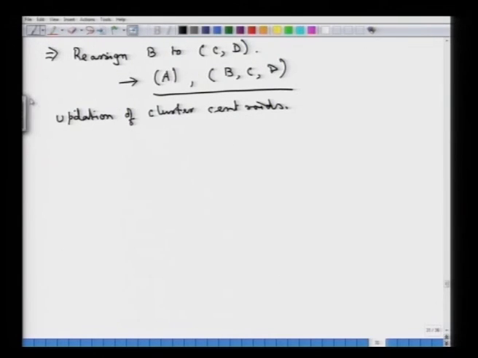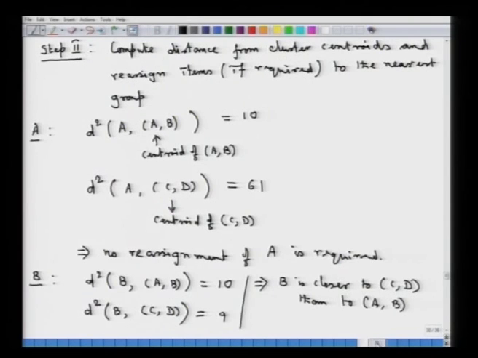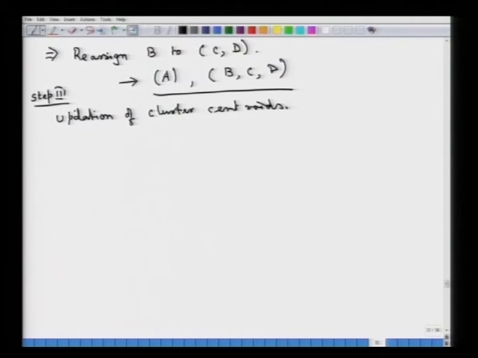So, this is going to be step 3 of this implementation, updation of the cluster centroids. Now, what are the clusters now in the data? As we had said, these are the clusters. This is cluster number A, and the second cluster has these three cases, and these are the centroids.